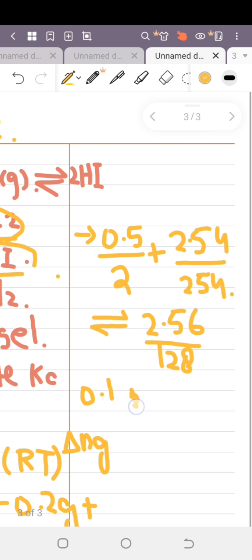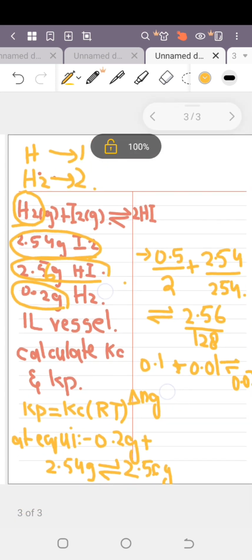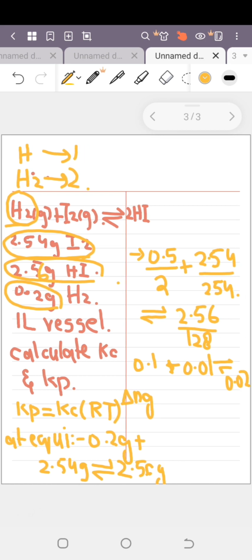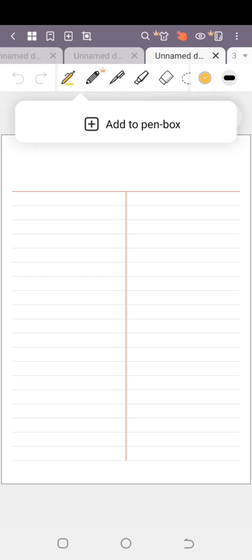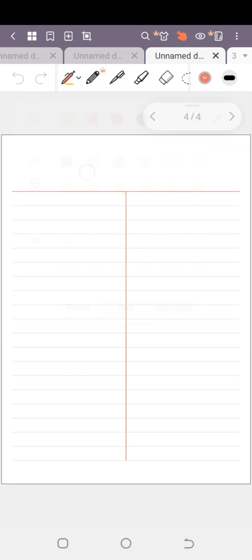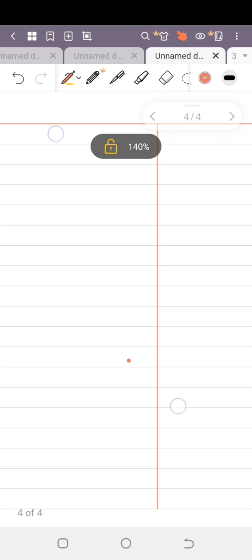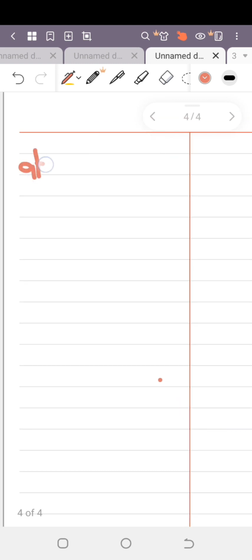When you solve this, you get 0.1 plus 0.01 giving 0.02 moles. I hope the equilibrium condition is clear. Now we'll go with the concentration. Concentration is the number of moles divided by volume.